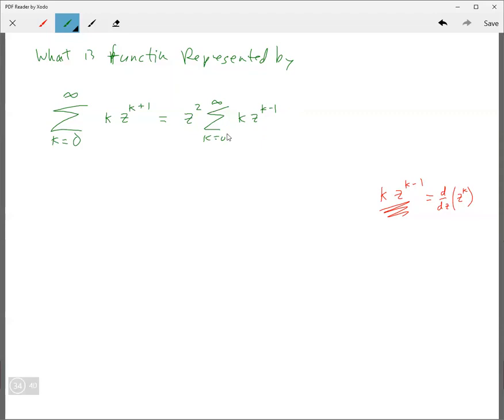And I get that, right? And then I can integrate that.